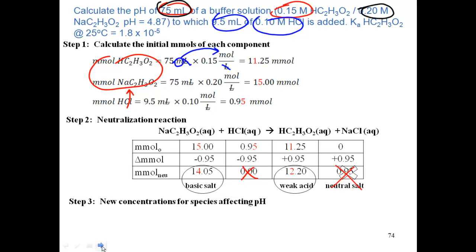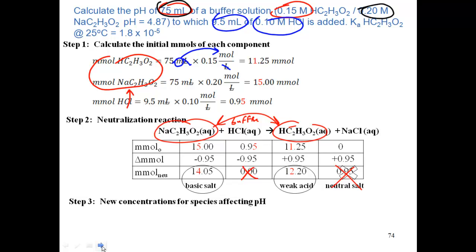So at this point, I got to look at these two components left and say, what's going on between these two components when I'm dealing with calculating the pH? Well, we're looking at sodium acetate and acetic acid. What are we looking at again? Oh, a buffer. Okay, so how do we handle a buffer? Well, we do our concentrations.